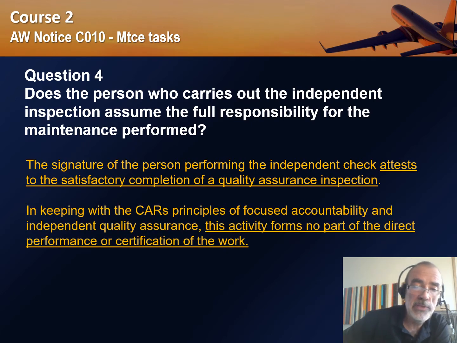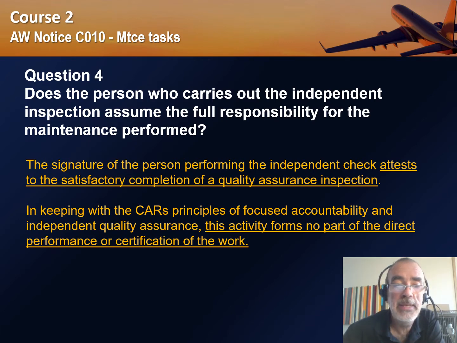In keeping with the CAR's principles of focused accountability and independent quality assurance, this activity forms no part of the direct performance or certification of the work, meaning that the person that actually does the independent inspection did not take part necessarily in the work itself.